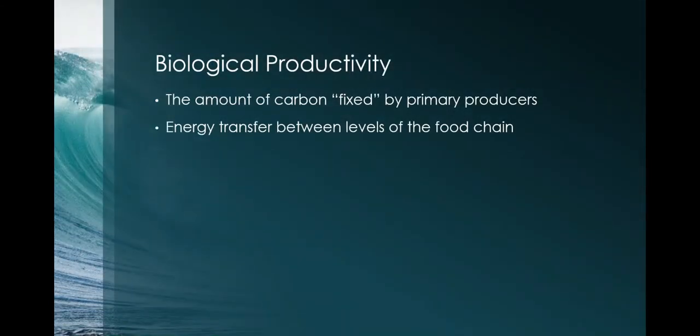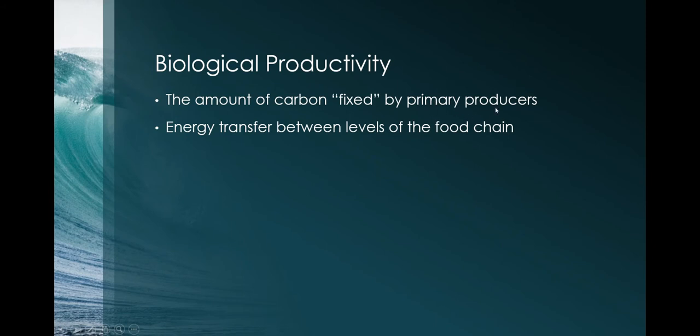When we talk about biological productivity, we're talking about 2 concepts, and this is what we're going to be focusing on today. The first concept is changing carbon dioxide into sugars through photosynthesis, but the big fancy way we think about this is we call it carbon fixation, so fixing carbon by primary producers. These are just photosynthesizers.